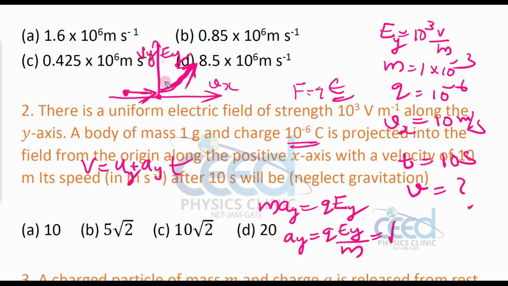Only when it enters the region of the electric field does it start moving along the y-axis. So Vy is equal to Uy plus Ayt, but initially it has no velocity in the direction of the y-axis, so we may take Vy equal to Ayt.